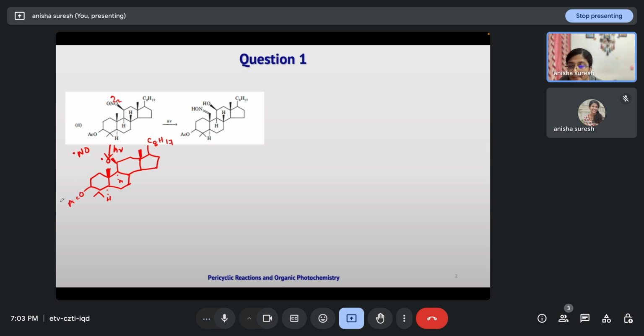Now what will happen? So I will draw a little more clearly. O radical under h nu condition. Now this methyl group is easily accessible to this O radical, and it is in alpha, beta, gamma, delta. Delta proton abstraction will be taking place, leading to formation of methyl radical.